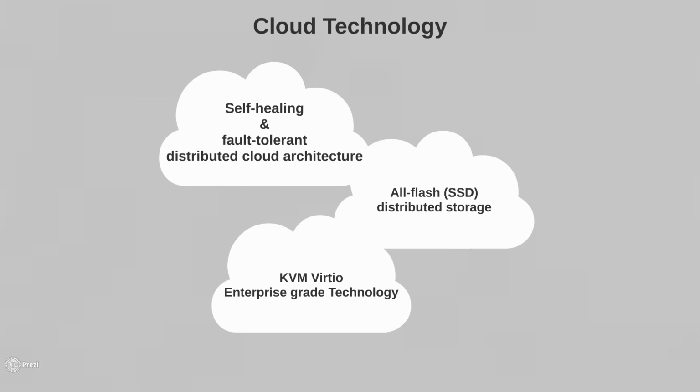One of the most important things I wanted to touch on are the three main features that constitute our platform. Starting with the most important cloud feature, and what makes cloud what it is today, is that it's self-healing and fault tolerant. That means it basically does not fail.